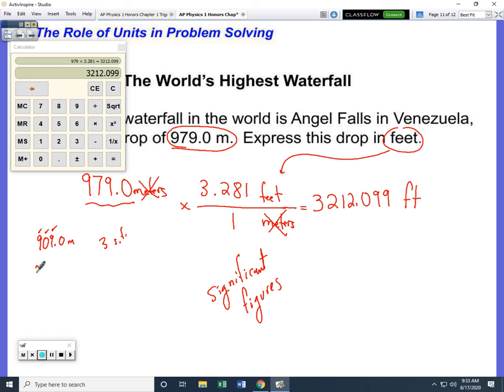So if I just had 900 meters, then the understood decimal place would be right there, and this would just be 1. These zeros would not get counted, really because you can convert this into scientific notation and write it as 9 times 10 to the second meters. And those zeros disappear, and this is the only number you would need to write. So that's one of the rules.